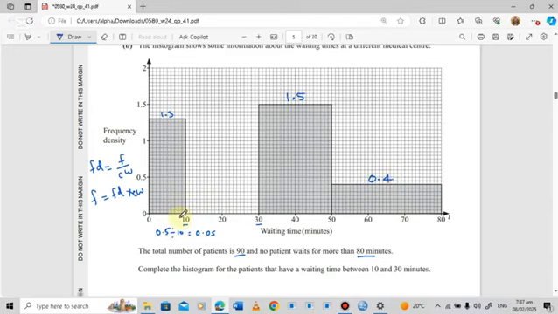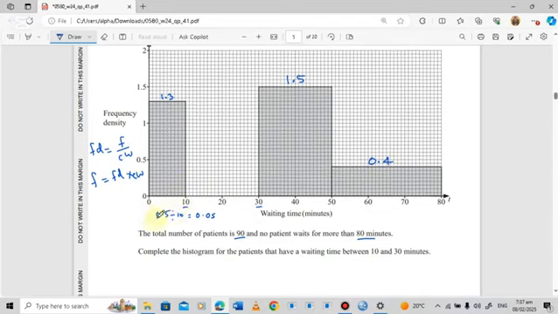All right. So what we're going to do now is multiply from here to there. This is now the class width from here to there. Okay, so from here to there is 10. So the frequency density is 1.3. So we're going to say 1.3 times the class width, which is 10 here.